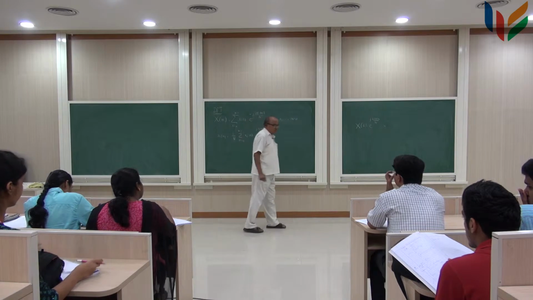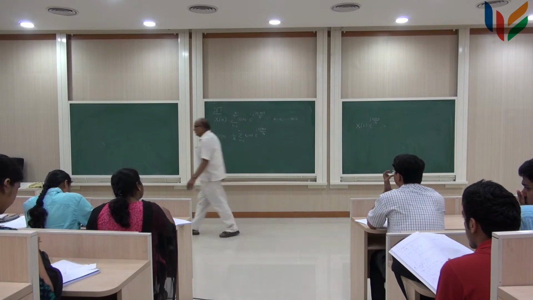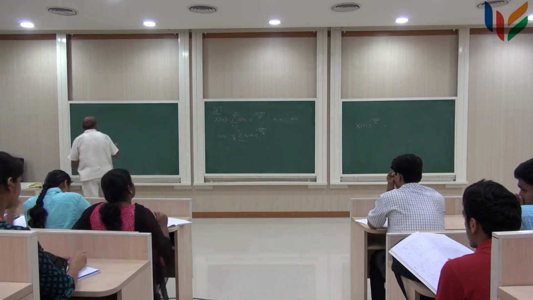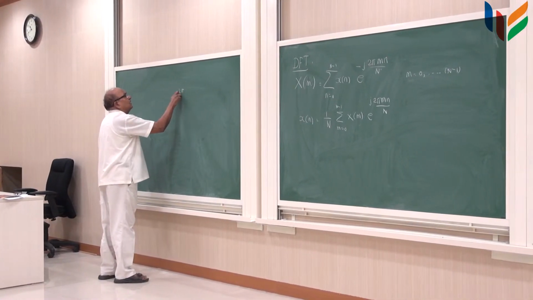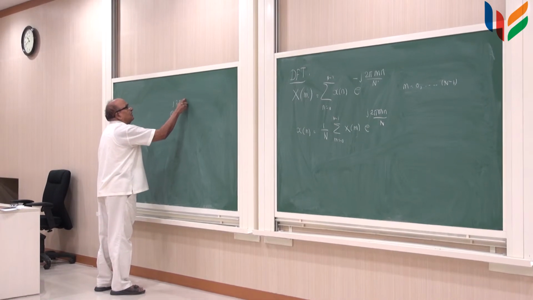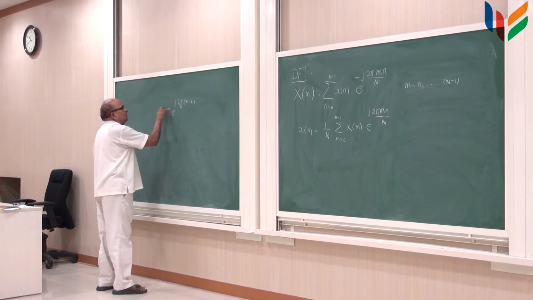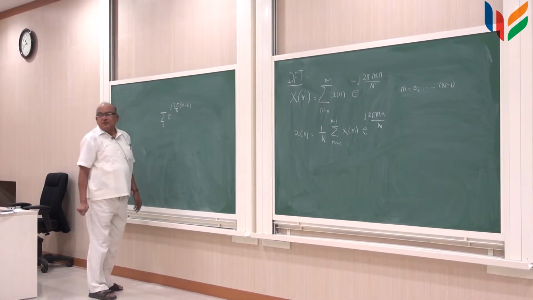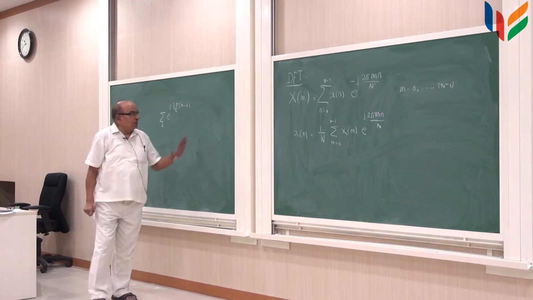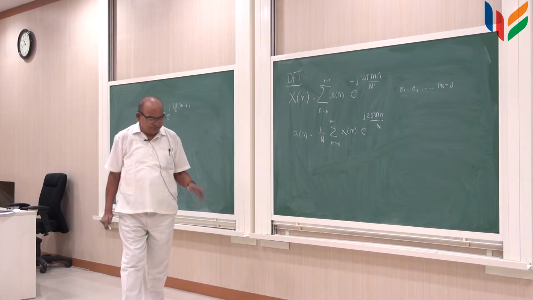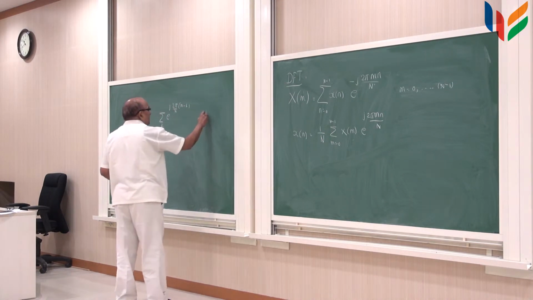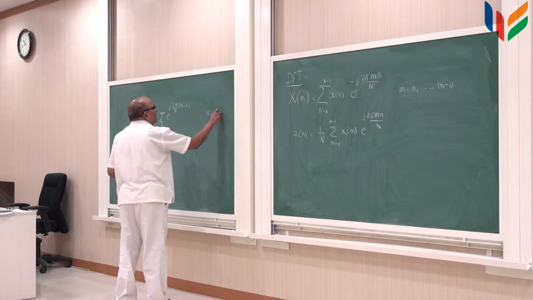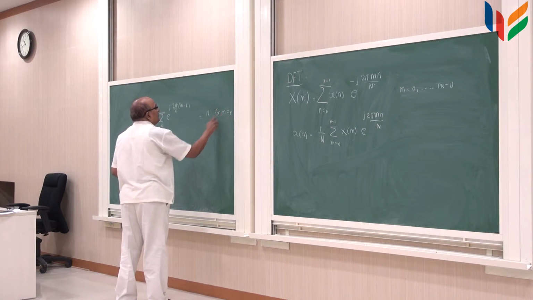Okay. So, you can check it up at home if you want, because the sum over k of e to the power of j 2 pi by N times (m minus k) is equal to N for m equal to k, and 0 for m not equal to k.